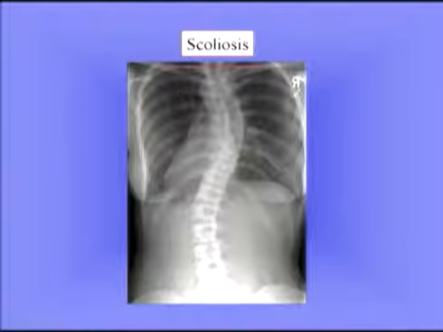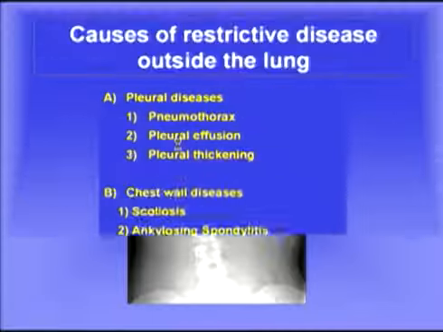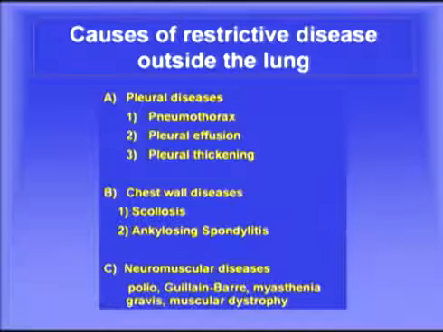Actually, on this side you can see the chest wall being pressed in here, and you can get collapse of the lung here on this side, and it's an example of restrictive disease. And ankylosing spondylitis is another nasty disease where the spine gradually becomes immobile, and it becomes impossible for the patient to take a deep breath.